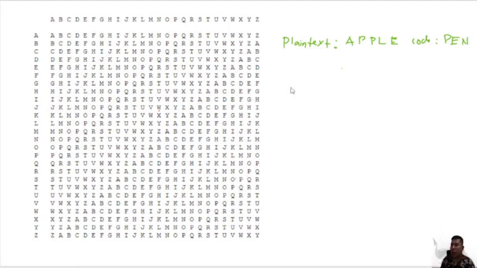So A and P will be paired, then P and E, then P and N. The remaining letters are L and E. Since we already used up all the letters in our code, we repeat P and E, pairing L with P and E with E. Basically, here's now our plain text and code.